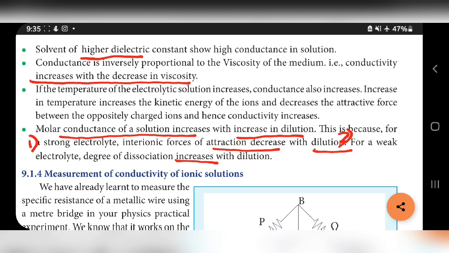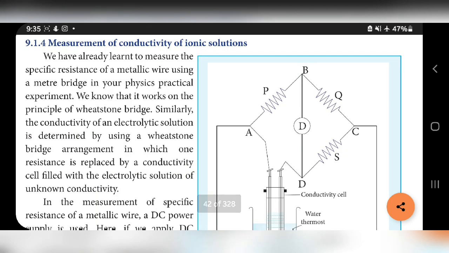Next topic: measurement of conductivity of ionic solutions. Last year, in physics practicals, you learned the meter bridge experiment to measure the specific resistance of a metallic wire.